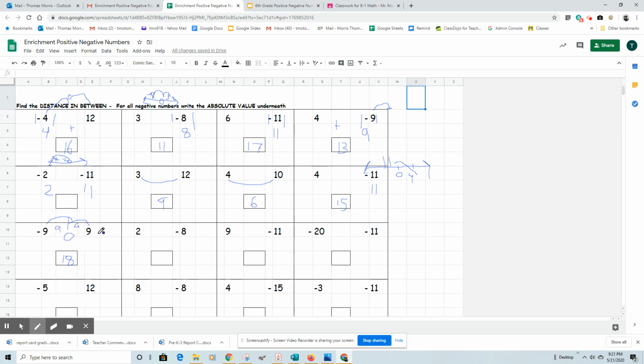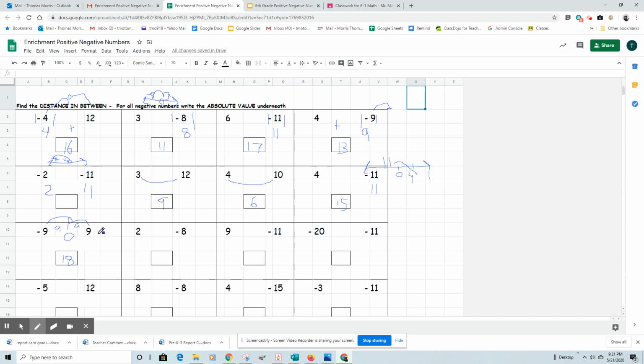Be very careful today. I know when you have an assignment like this, there's a tendency to think it's really easy and to rush, but that's when simple mistakes happen. Remember, you cannot have a negative distance. A distance between 2 numbers is always positive, and you have to know which direction you're going when you have a negative number. Any questions, let me know.